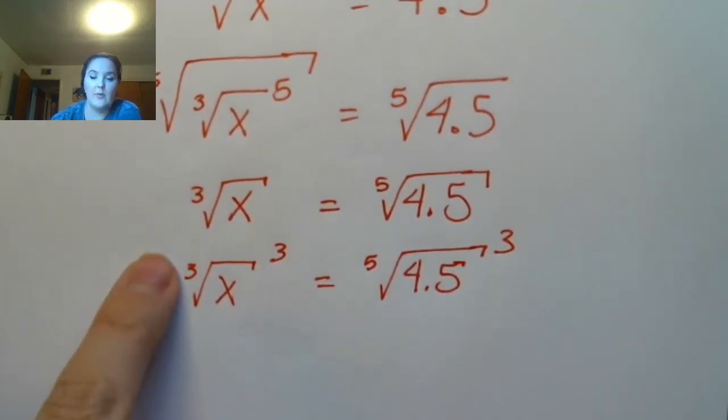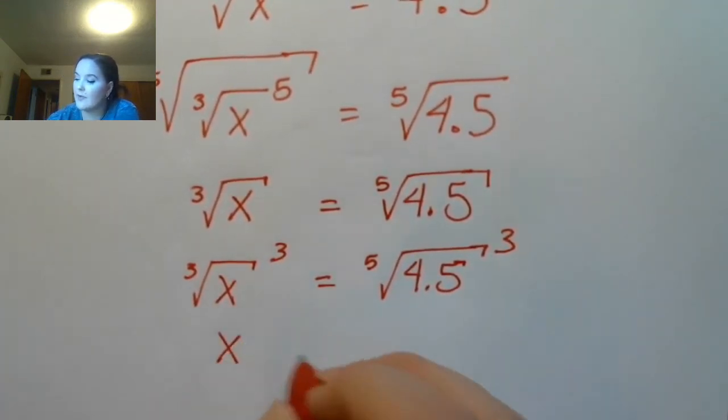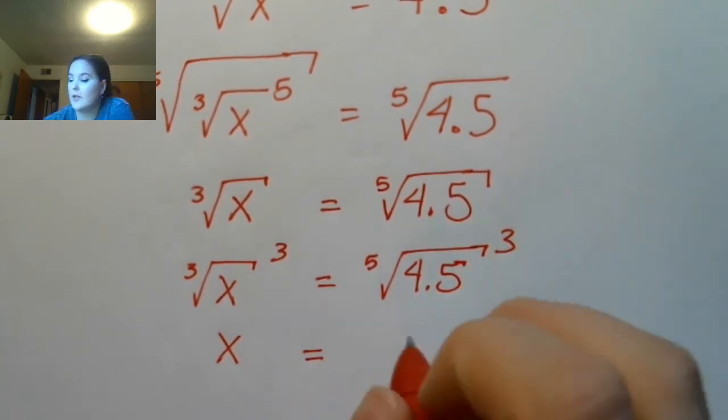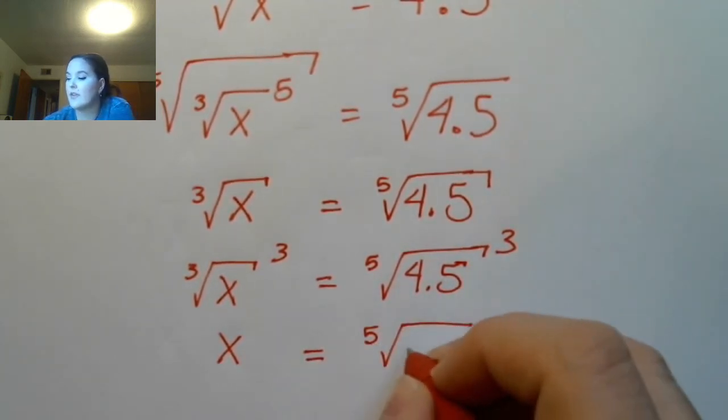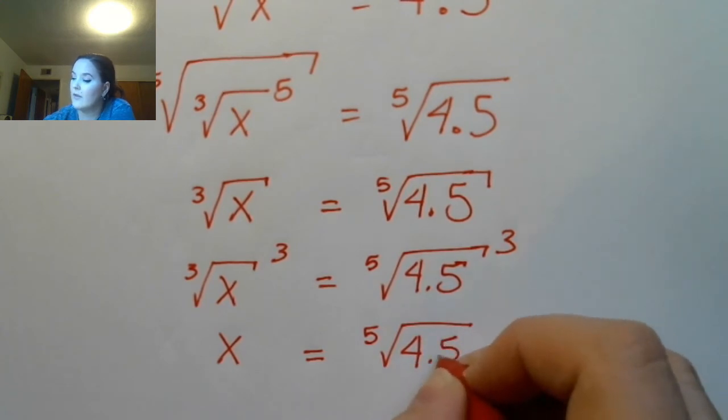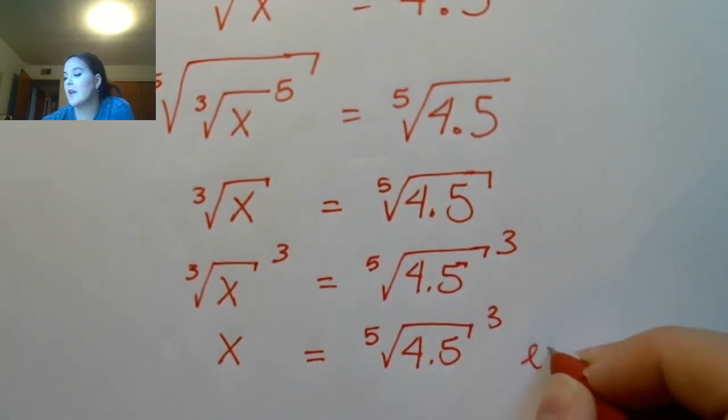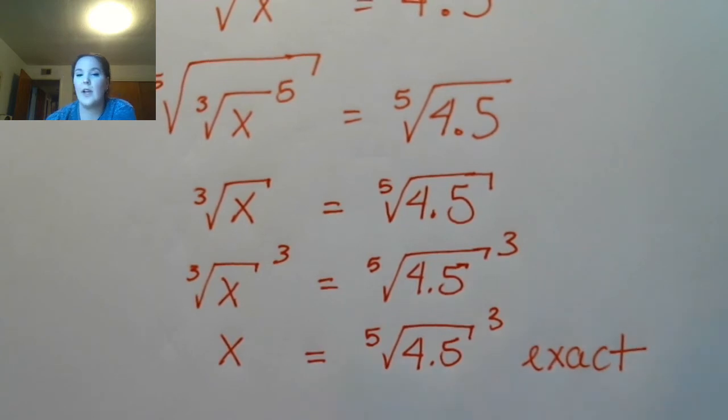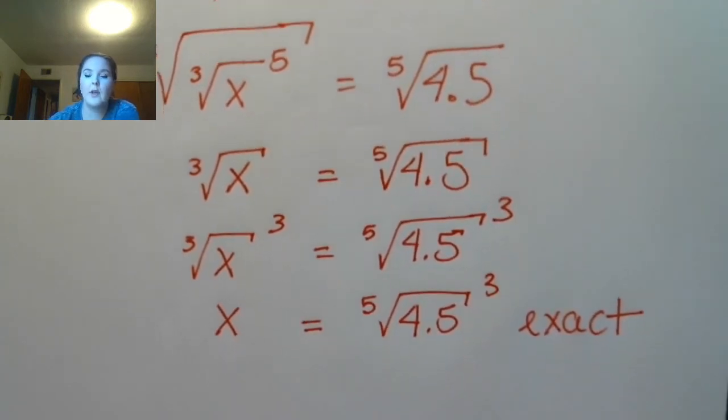The cube root and cube are opposites. We're left with x. And here, again, I can't really simplify this by hand. So this is my exact answer. I just leave it in this radical form.